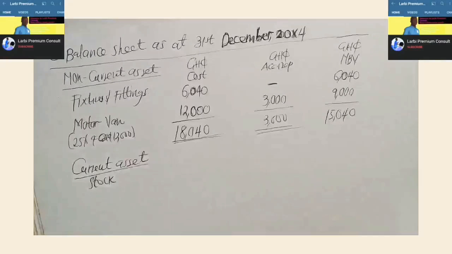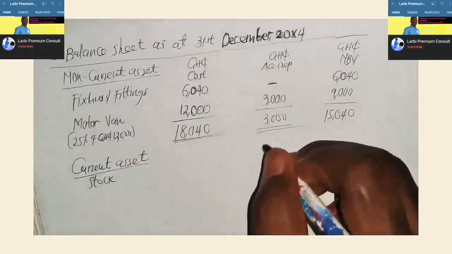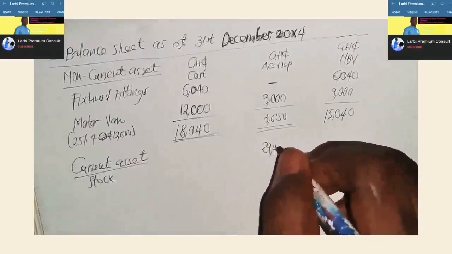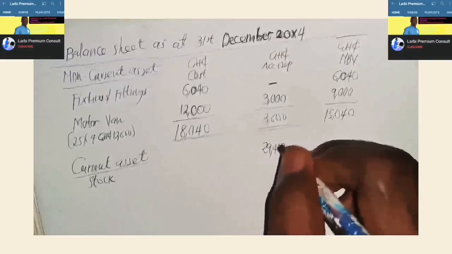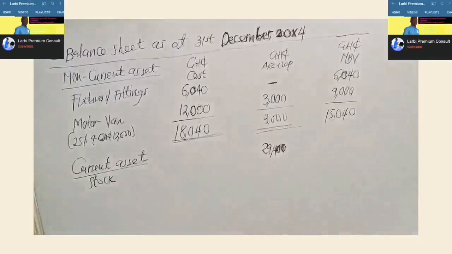So stock in that case was 29,400. You can even check the statement of affairs that we prepared. That one gives you more hint than going back to the question.